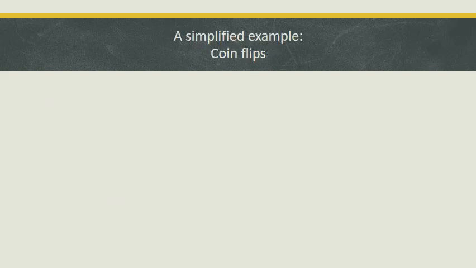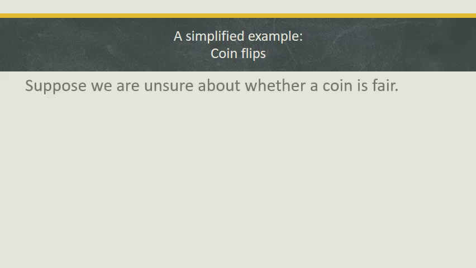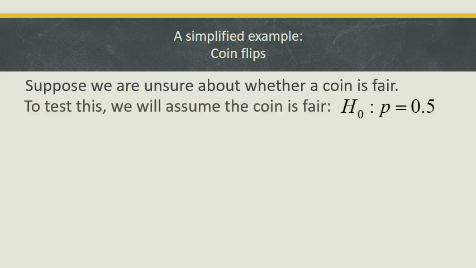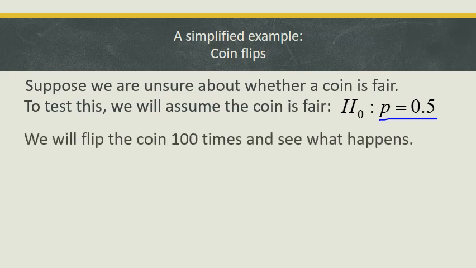So here's an example that demonstrates the logic. Let's say we have a coin and we want to test whether it's fair or not. So we're going to begin by assuming the coin is fair, that the probability of heads is 0.5. Then we're going to flip the coin 100 times.